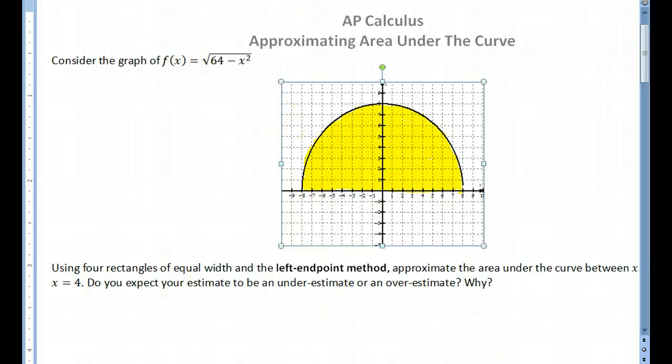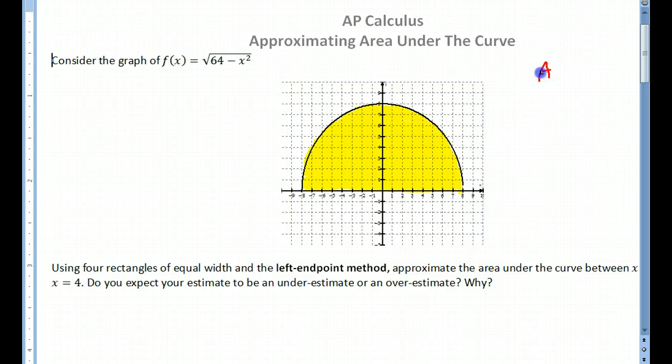Okay. So here, if you had to find the area of this, it would be easy because it's a common figure. We know how to find the area of a circle, so that means we know how to find the area of half a circle. So let's find the answer to this area under the curve using the geometry that we already know.